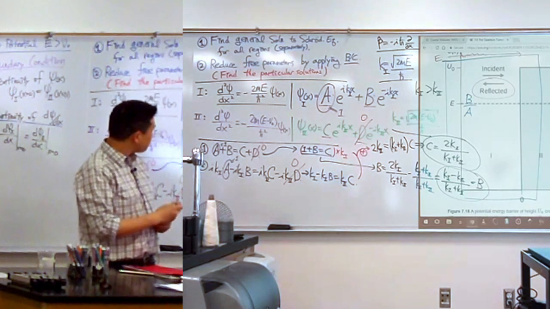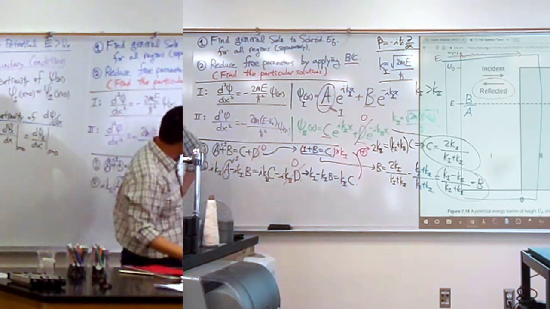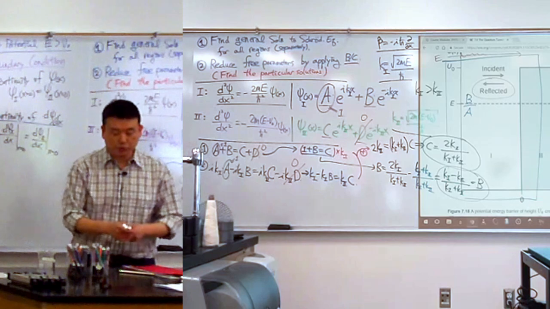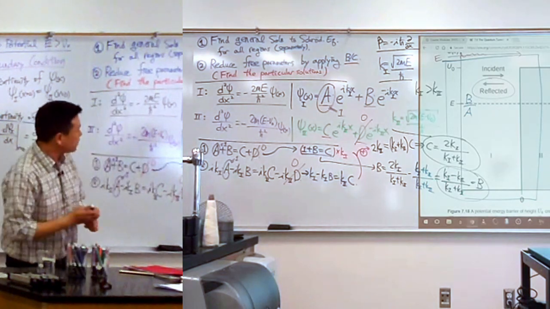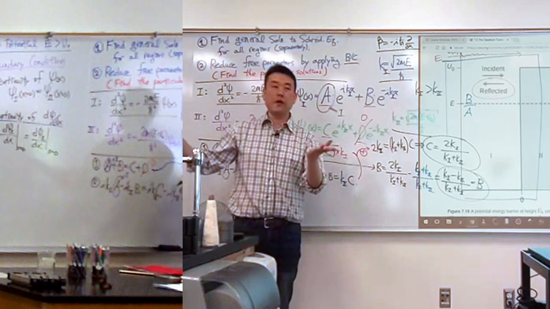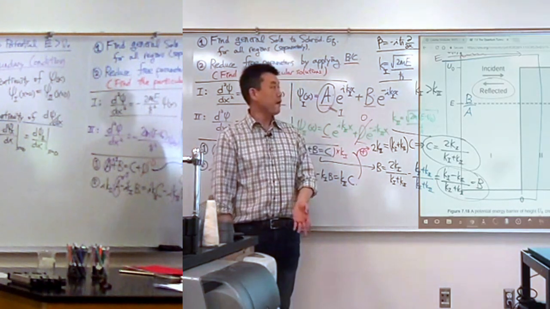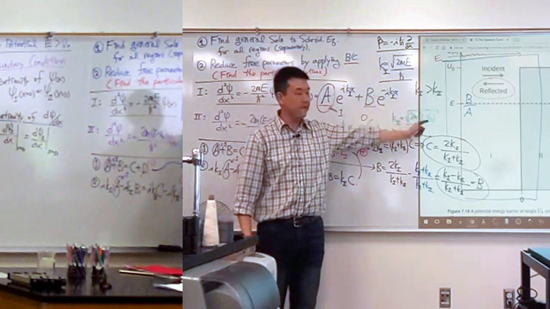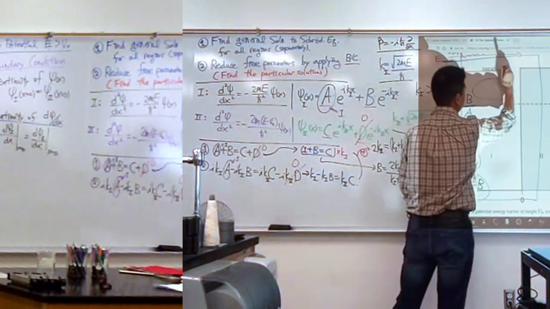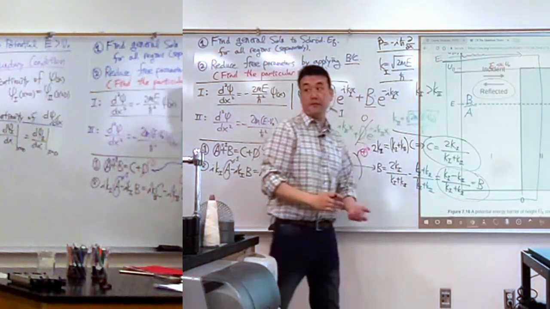I guess that's correct. I was trying to see if I can intuitively guess what the result should be. I'm trying to think, okay, what's an interesting energy level to look at while E is still greater than V naught? An interesting energy level is right here, where E is barely greater than V naught.